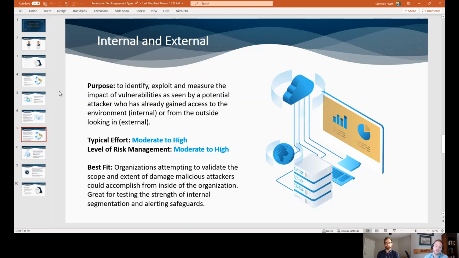And I'm always surprised at what you guys are able to do internally. And I don't know what the stat is exactly. It's got to be above 90%, but I think you guys always are able to escalate your privileges to administrator rights, which at that point means you can get to any data that you want.